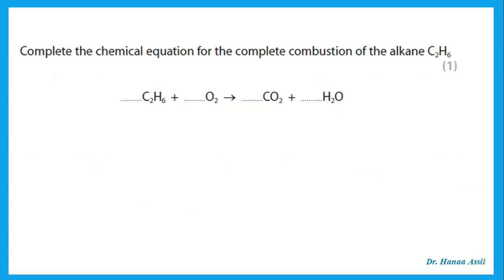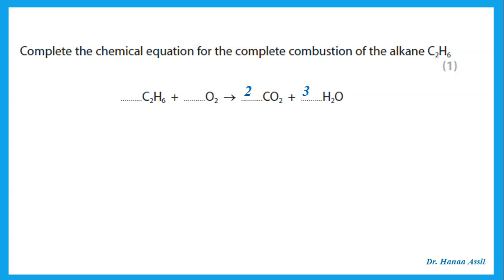So to balance this equation, for example, we count before the arrow, after the arrow, and increase the one that is less. So before the arrow we have 2 carbons, so I need 2 carbons after the arrow. Before the arrow we have 6 hydrogens, so I need 2 times 3 to give 6 hydrogens. Now how many oxygens after the arrow?